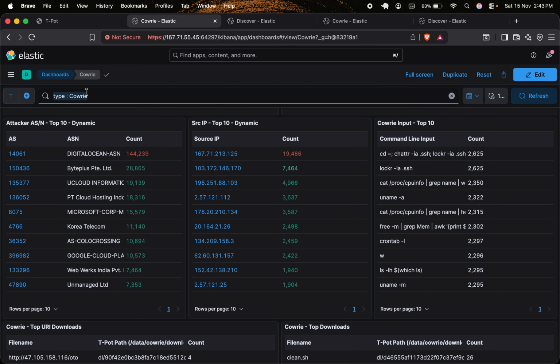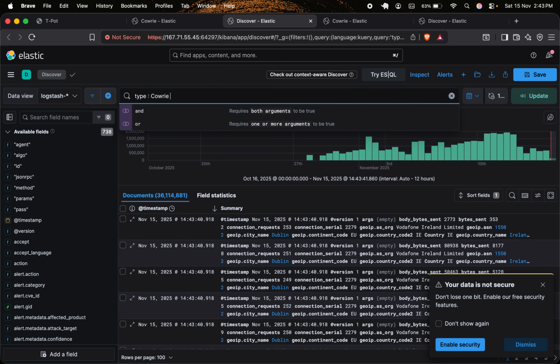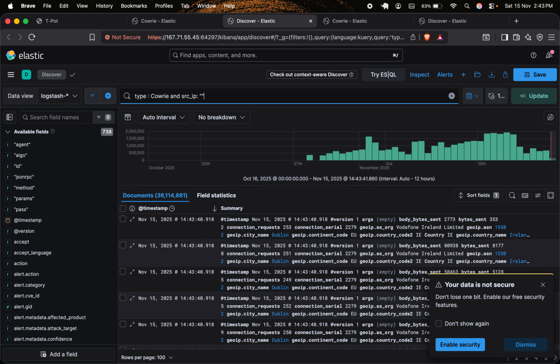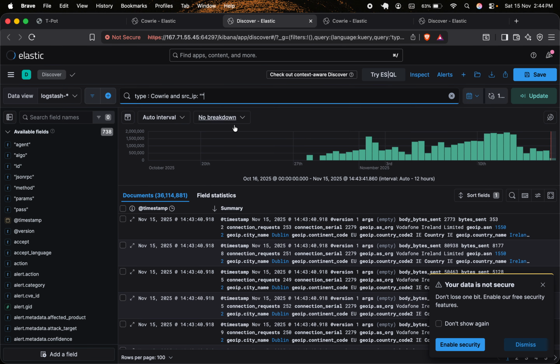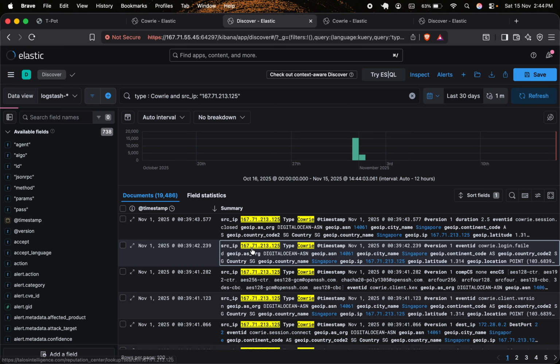So what we are going to see, the Cowrie container and the source IP from which we got the attack. So this is the source IP we want to check, like what details we actually get from it.